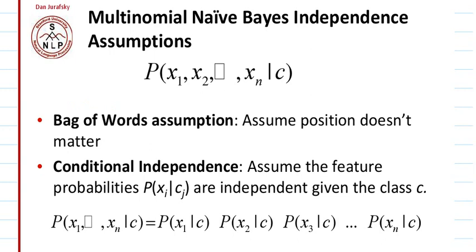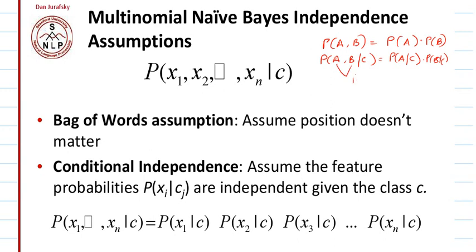So when these become independent, we know that when we have a formula p of a comma b, and a and b are independent, we just write p of a comma b is equal to p of a dot p of b. Similarly, in the case of conditional probability, we can also write p of a comma b given c is equal to p of a given c dot p of b given c, when we assume that a and b are independent of each other.